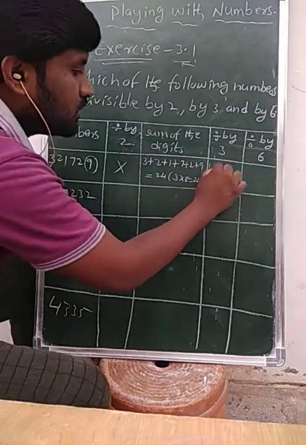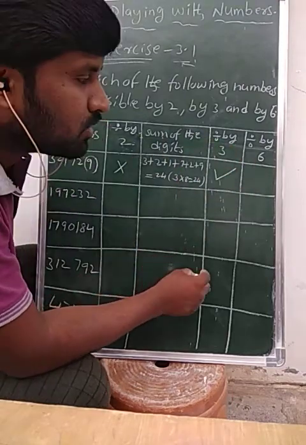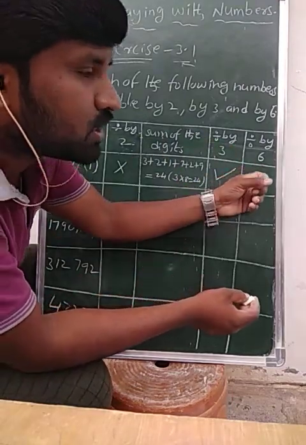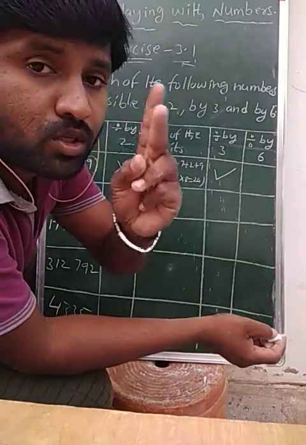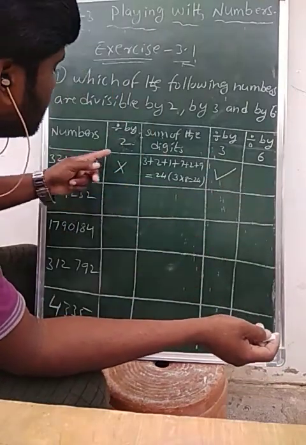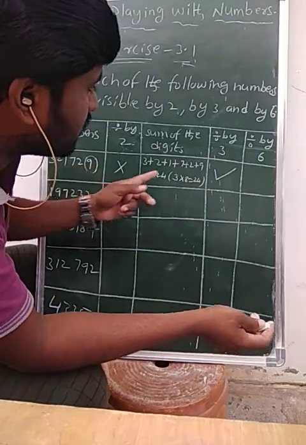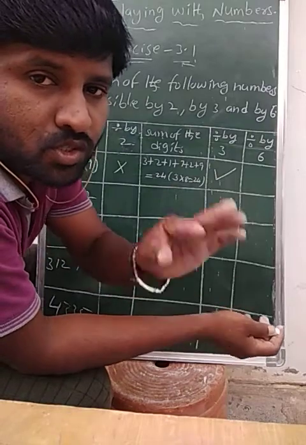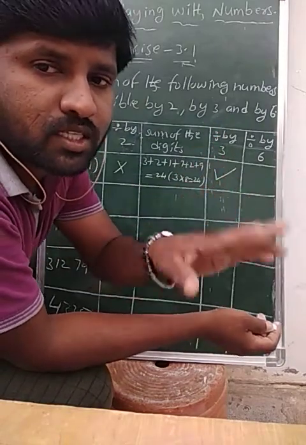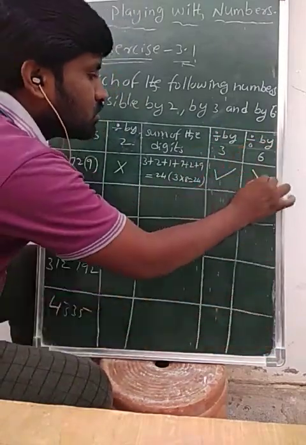Yes, it is divisible by 3. But for divisibility rule 6, a number must be divisible by both 2 and 3. This number is not divisible by 2, but it is divisible by 3. So according to the condition, it should be divisible by both 2 and 3. That's why it is not divisible by 6.